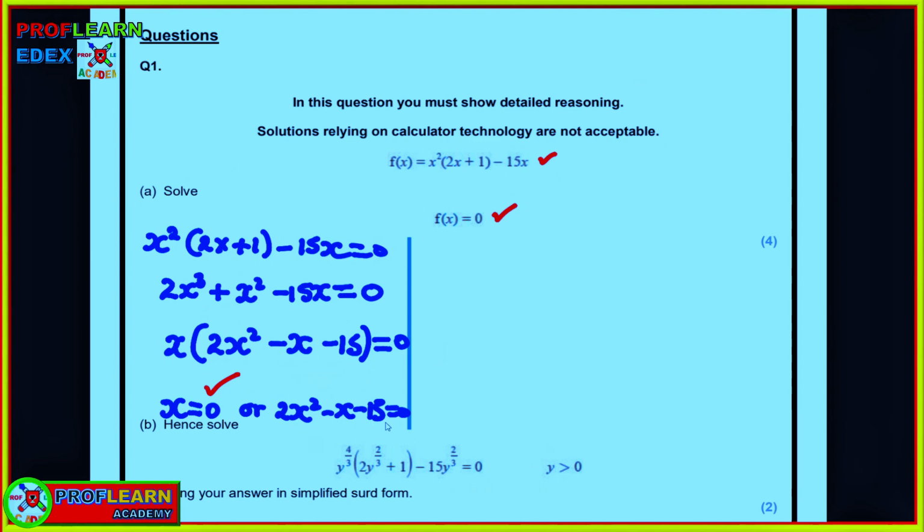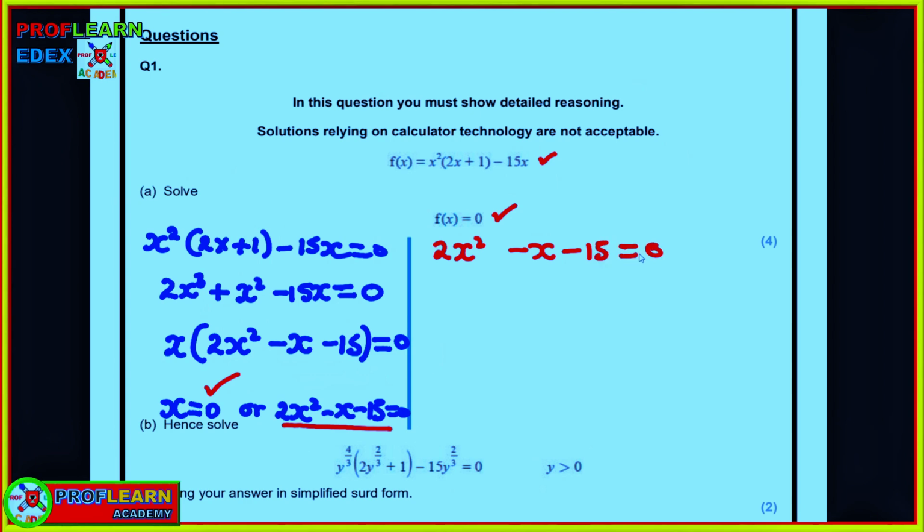Then to get the other solutions, because a cubic function must have 3 solutions, we are going to have the 2 solutions from the quadratic equation that we have at this critical point. So we are going to have 2x squared plus x minus 15, and this is equated to 0.